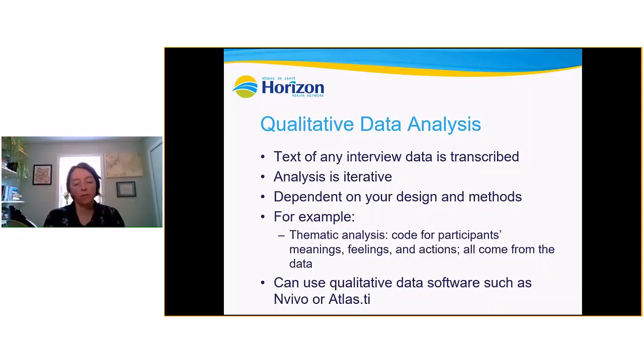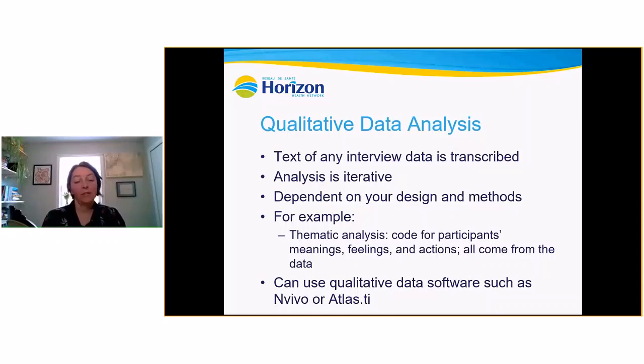You can also do coding where you have preconceived categories or foci. Again, that's a complicated area that I'll leave for another day.